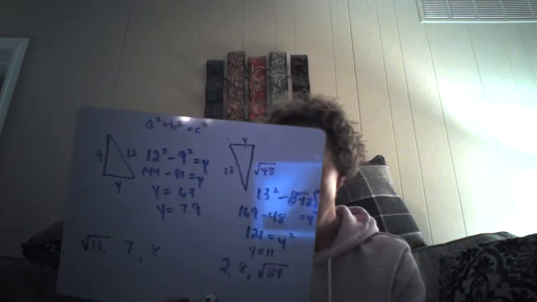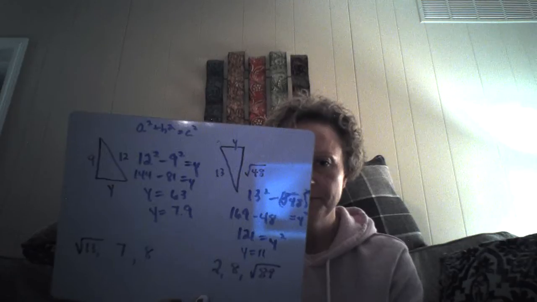And then we have to take the square root of that, because right now we have y squared. And the square root is a perfect square, so the answer is 11, because 11 times 11 is 121.